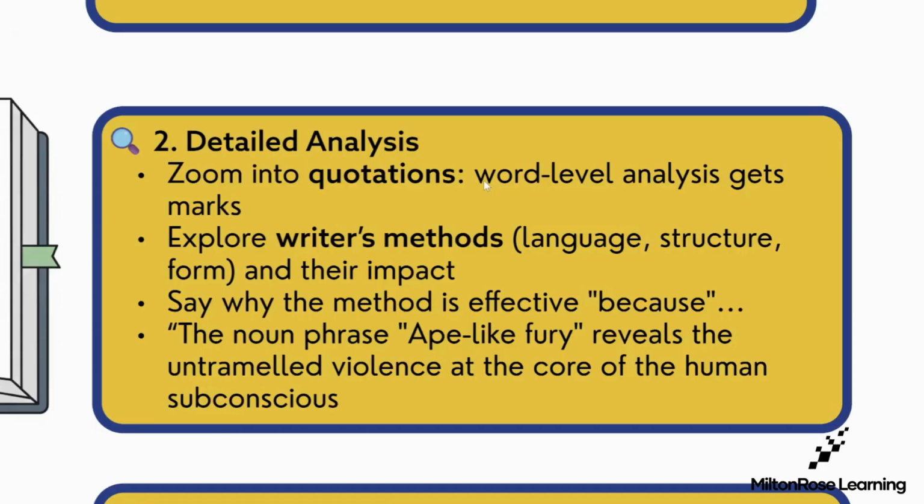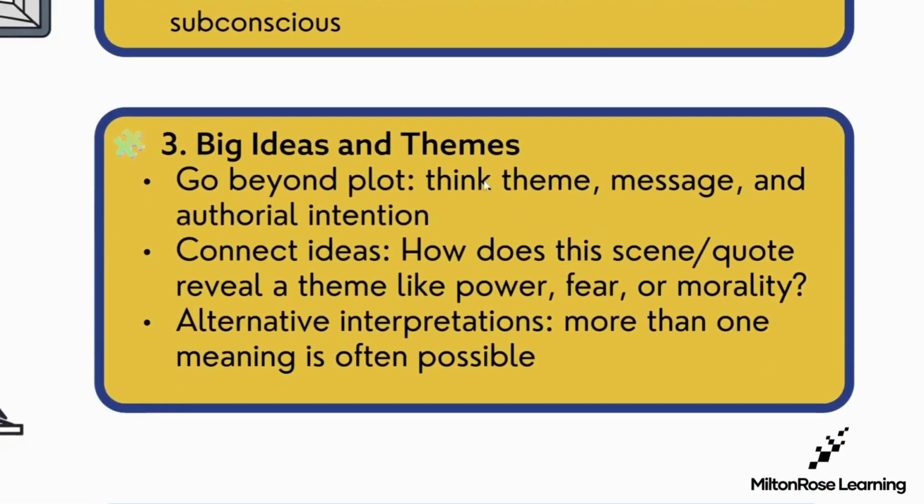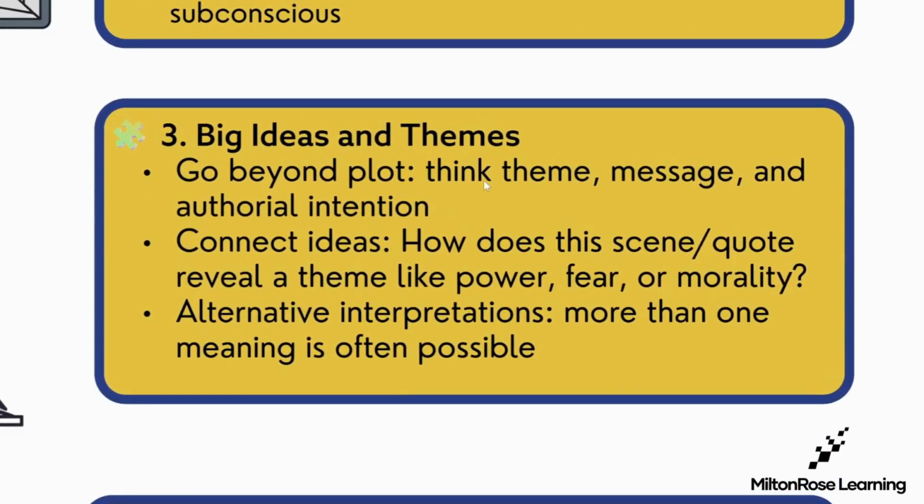It's very, very important. Then the third way they'll mark your Jekyll and Hyde assignments and exams is by looking at the big ideas and the themes. So don't just kind of tell me what's happening in the novella. I already know because I've read it a million times. It's all about, okay, but what does that show about the themes of duality? For instance, what does it tell me about the authorial intention of Stevenson?